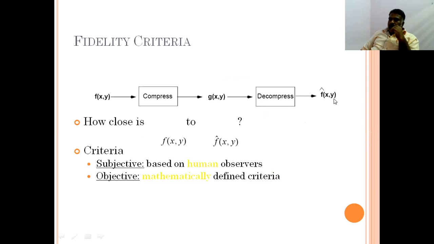So the fidelity criteria for this performance: f of x comma y is the original image, and f cap of x comma y is the output one.